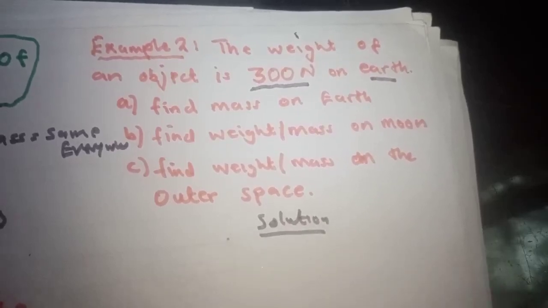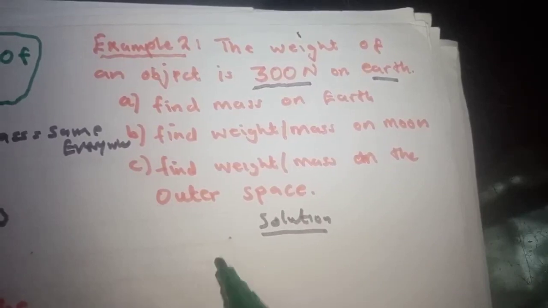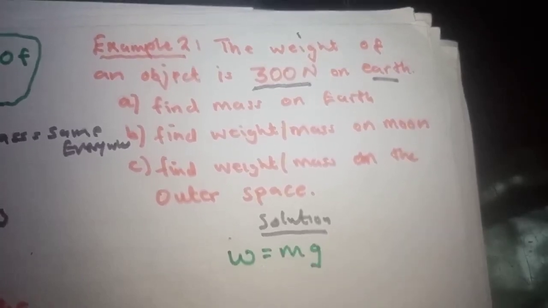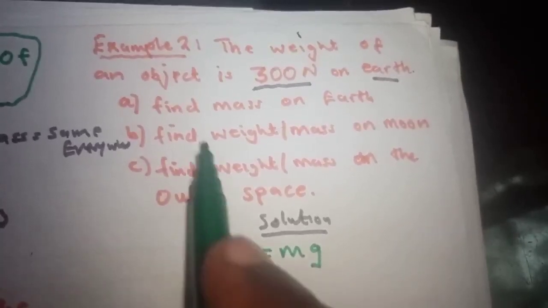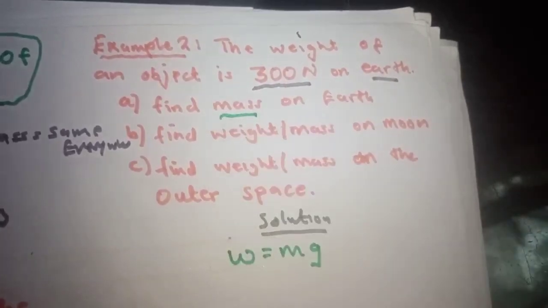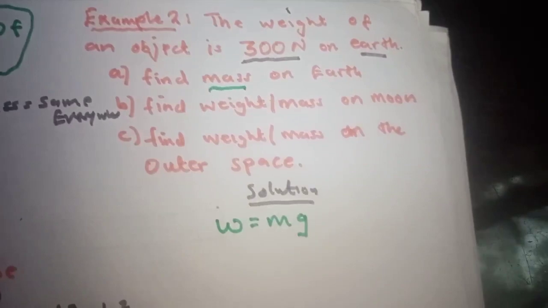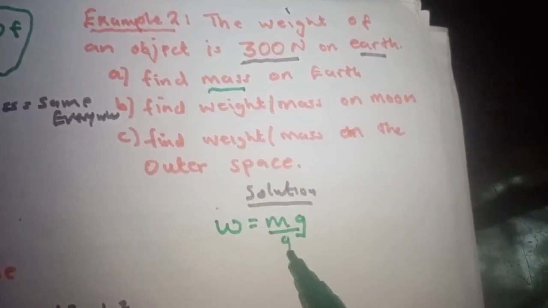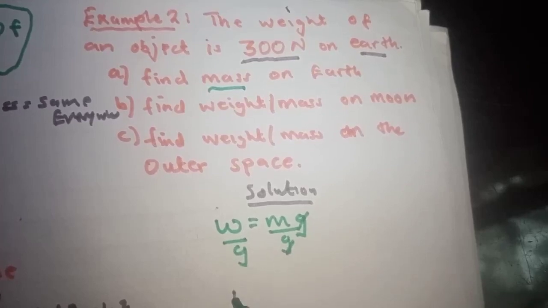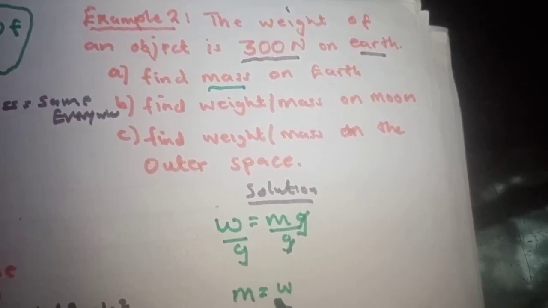We know the relationship between weight and mass is given by weight is equal to mass times gravity. We've been given the weight, and we need to find the mass on Earth. Making mass the subject of the formula, we divide both sides by gravity and cancel, so mass is equal to weight over gravity.